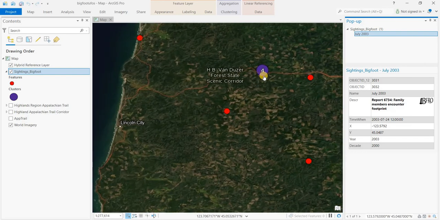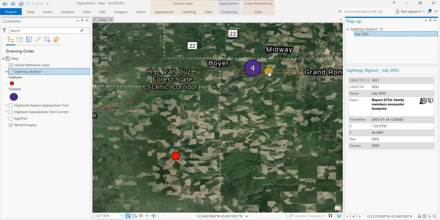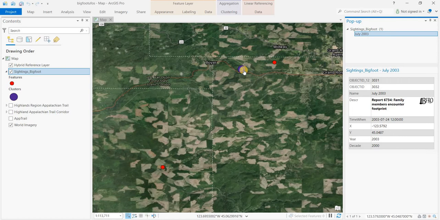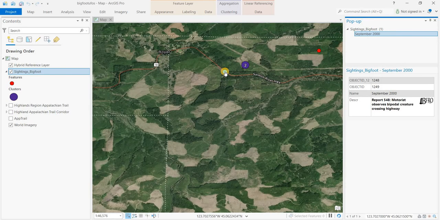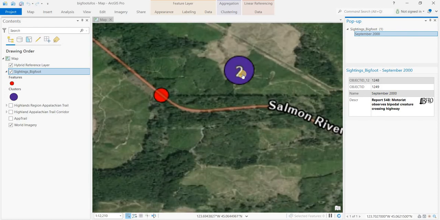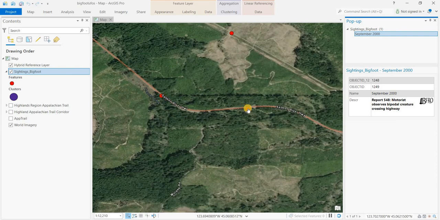There's a cluster of 4 right around Boyer. One right on the Salmon River Highway. September 2000, motorists observed bipedal creature crossing the highway. A cluster of like 3 right here, right on the highway. December 2003, Sasquatch crosses road in Coast Range in front of the car.